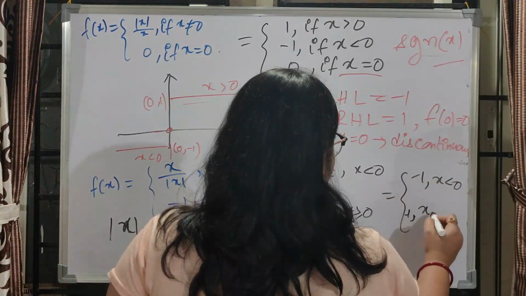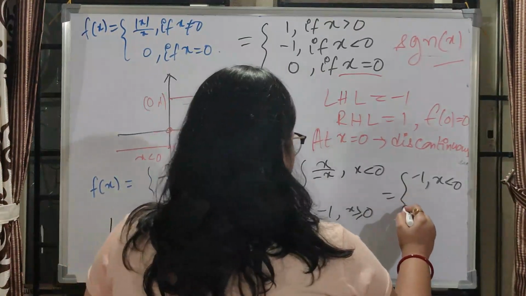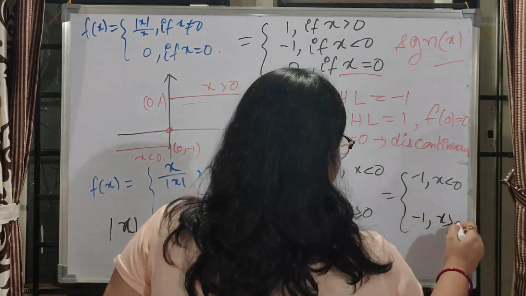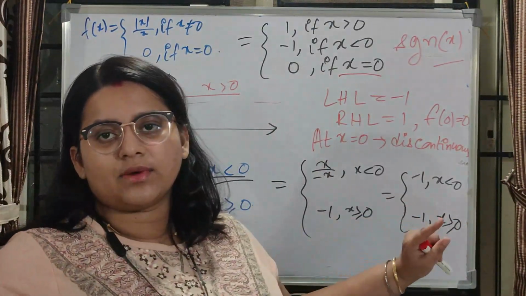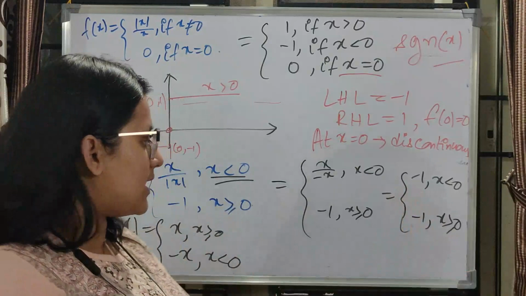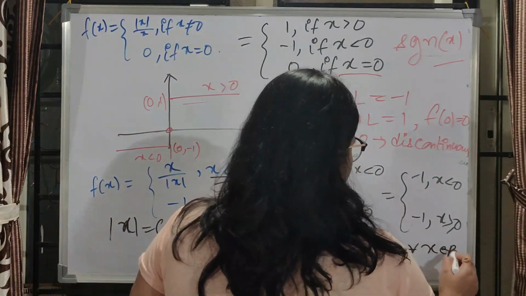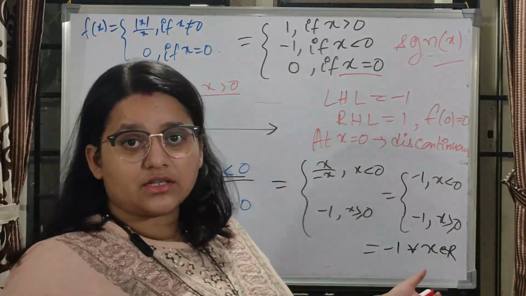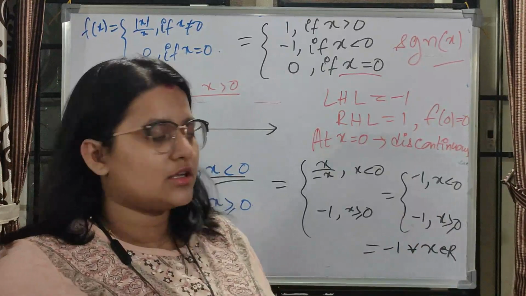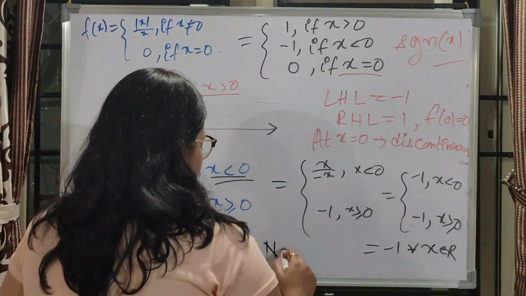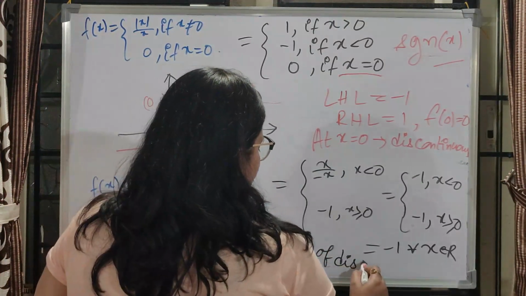So throughout the interval, f of x equals minus 1 for all x belonging to real numbers. This is a constant function, so it will be continuous everywhere, at x equal to 0 also. So it doesn't have any point of discontinuity.